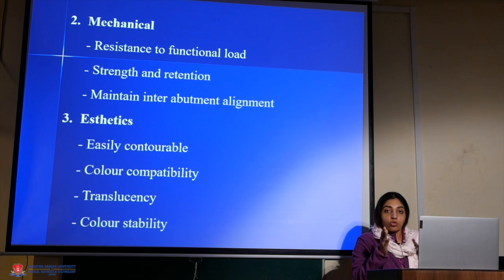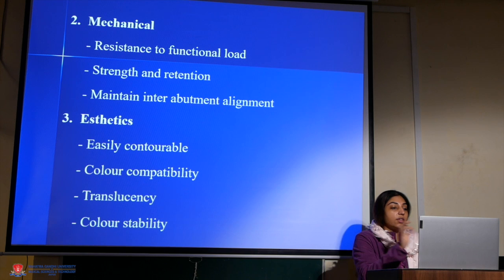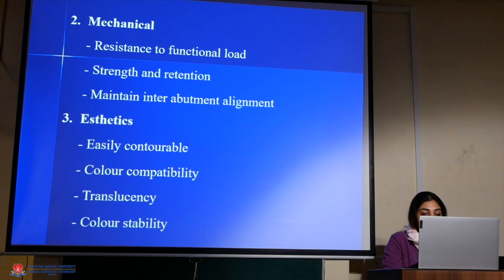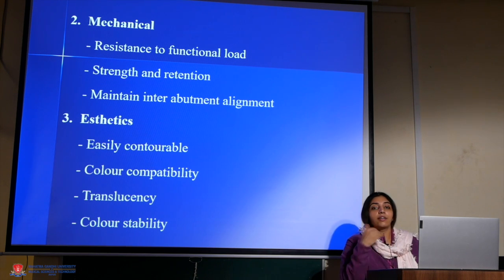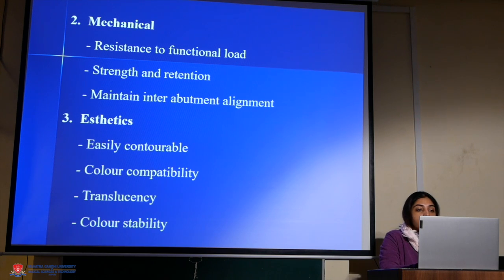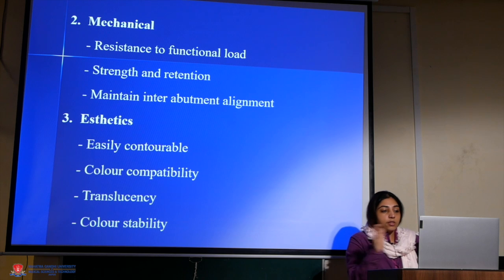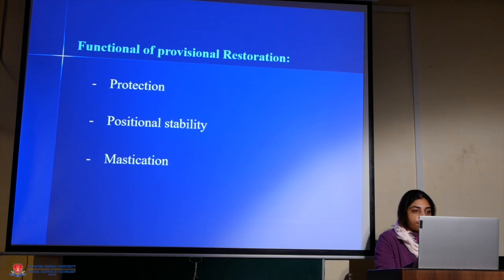It should have a good contour. Whatever the requirements in aesthetics are, everything needs to be fulfilled with this provisional restoration. So those come under aesthetics. It should be easily contourable if you are using a material for direct provisional restorations, which I'll explain in the future slides. So it should be translucent, color should match the adjacent teeth, and color should be stable. It means the shade should not change during this period of provisional restorations.